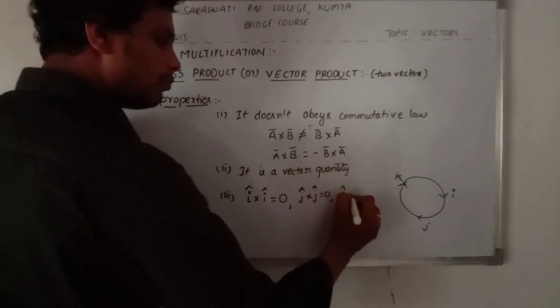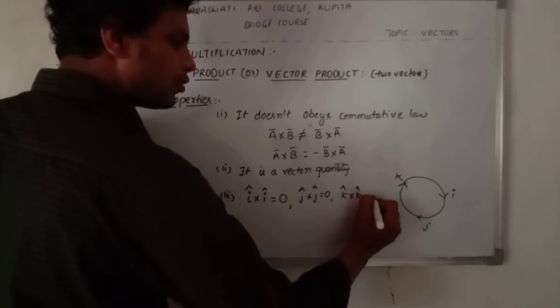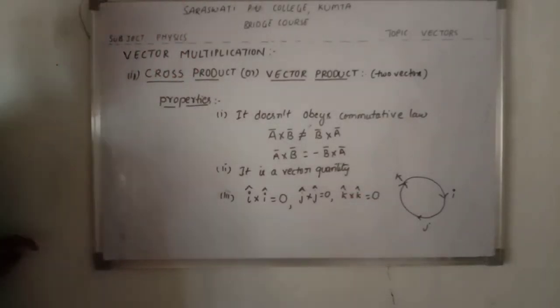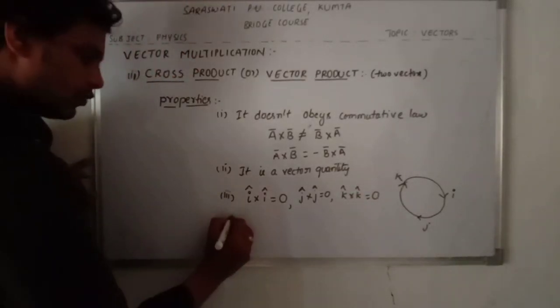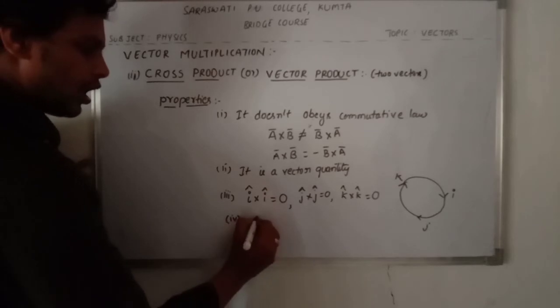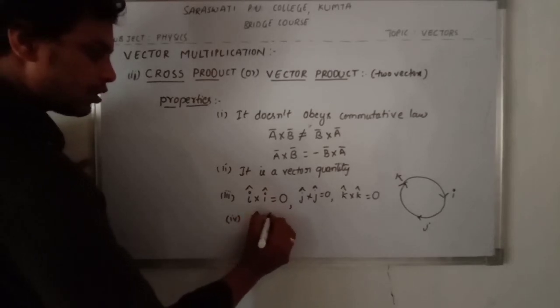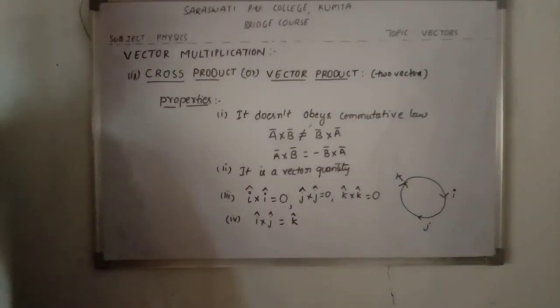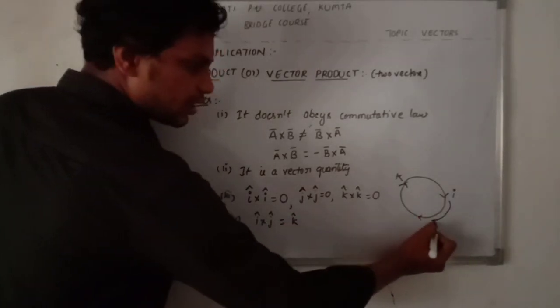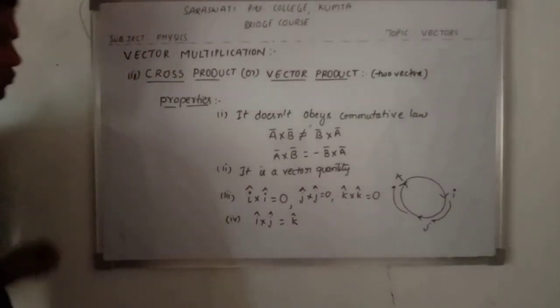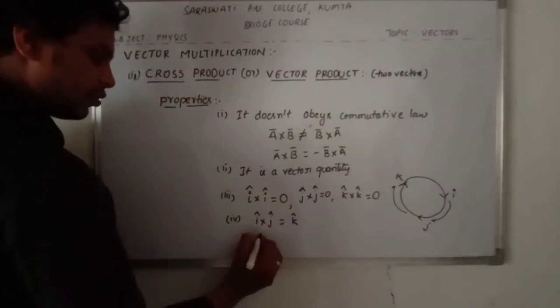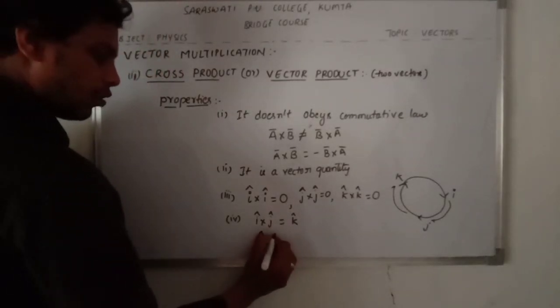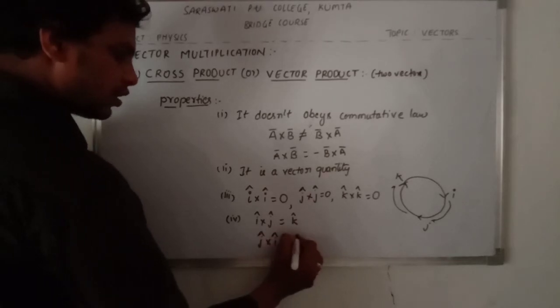Similarly, k cap cross k cap is taken as 0. And the fourth property: i bar cross j bar is taken as k cap. So i crosses on j, it will give k. Or else you can write it like this also: j cap cross i cap is equal to minus k cap.